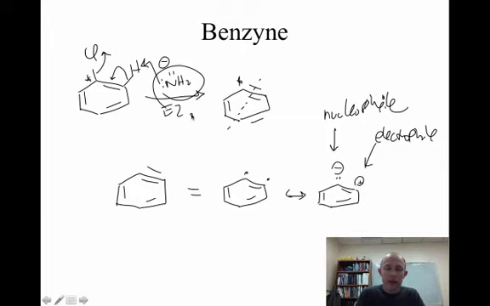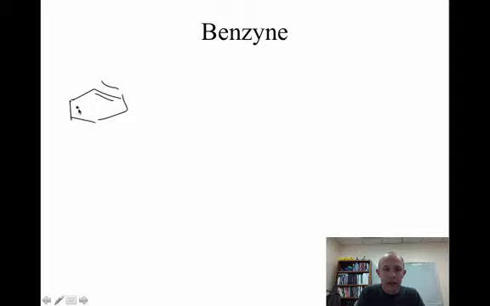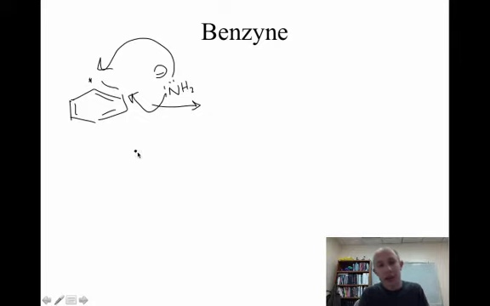So if we have an excess of this amide ion in the presence of benzyne, then after elimination, the way you want to think about benzyne is that it's a really, really strong electrophile, because of the strain. The amide can attack either this carbon or this carbon, and there's a 50% likelihood.